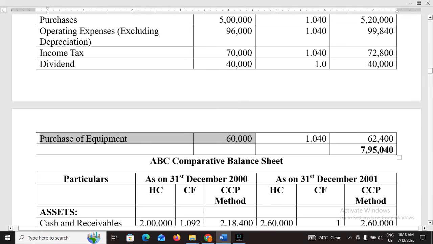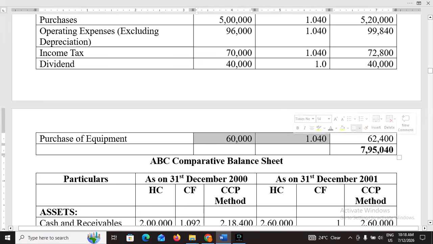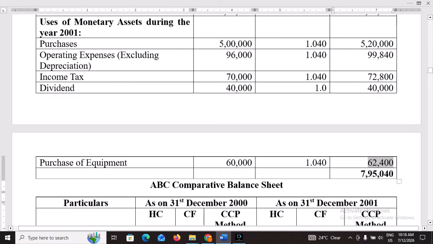So average rate applicable, 1.040. So 60,000 into 1.040 is 62,400. Done, the whole question is finished.